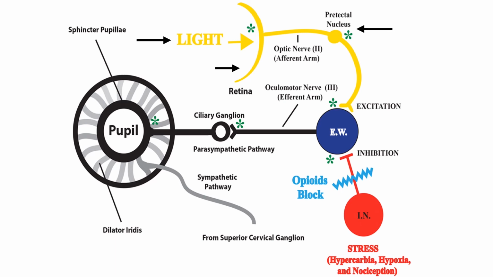This pretectal nucleus is going to send a branch to the Edinger-Westphal nucleus, that is the parasympathetic nucleus of the oculomotor, and this is going to send preganglionic axons to the ciliary ganglion, which is present in the orbit, and the result is constricted pupil. There is a sympathetic wave coming from superior cervical ganglion that will join this pathway.